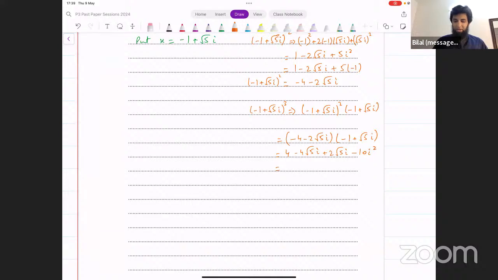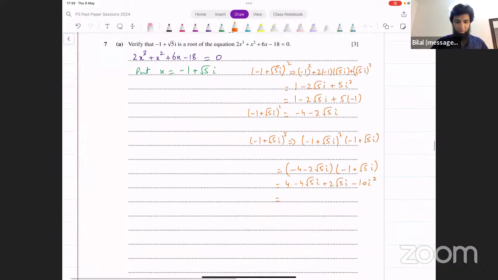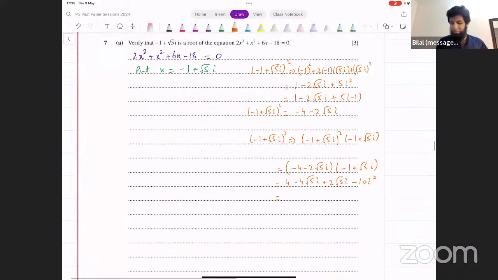This is what I'm getting from this. Do look out for any careless errors. It becomes 4 minus 2√5 i minus 10 into minus 1. And that becomes 14 minus 2√5 i. That's the result that you're getting here.